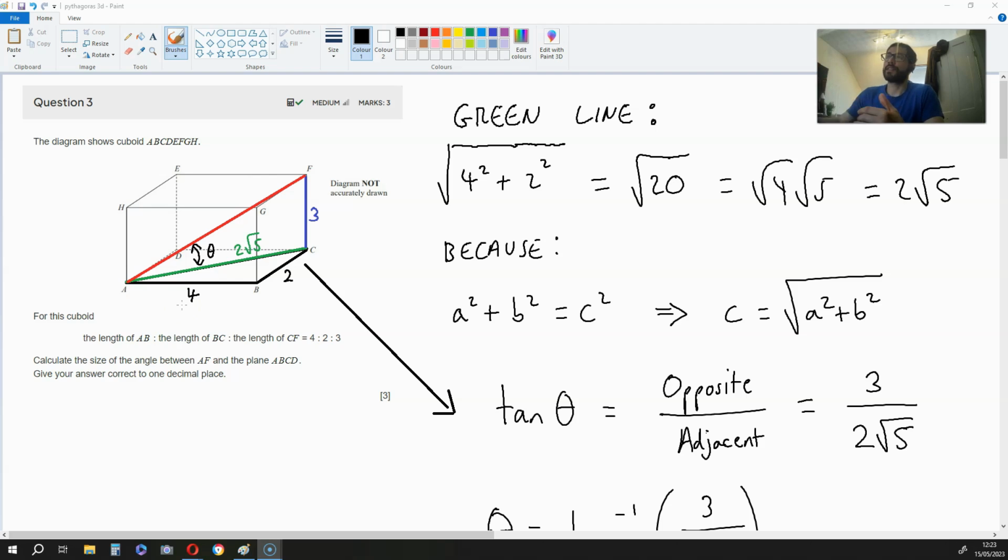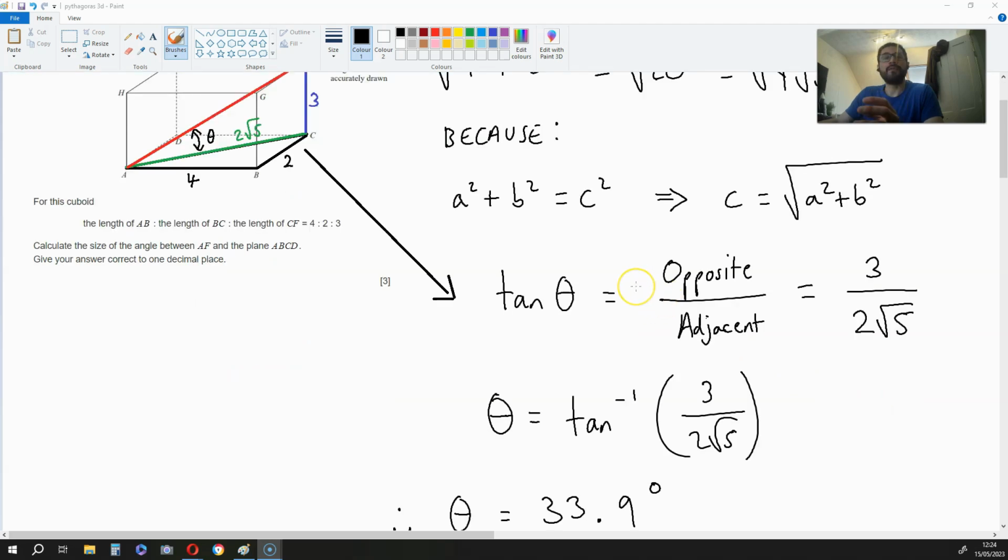This is because we have the opposite side and the adjacent side of this right-angled triangle over here, composed of the length AF. Now that we've got this theta, we can say that tan theta is opposite over adjacent, and that is 3 over 2 root 5.